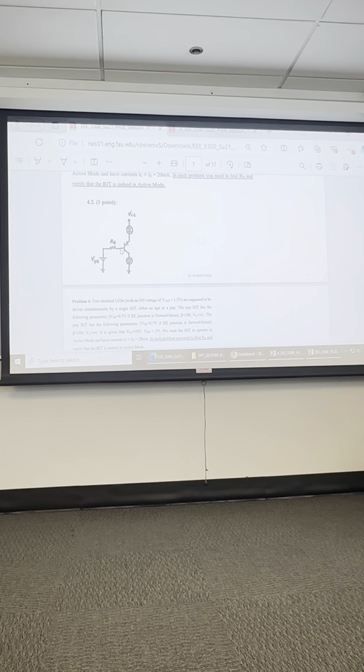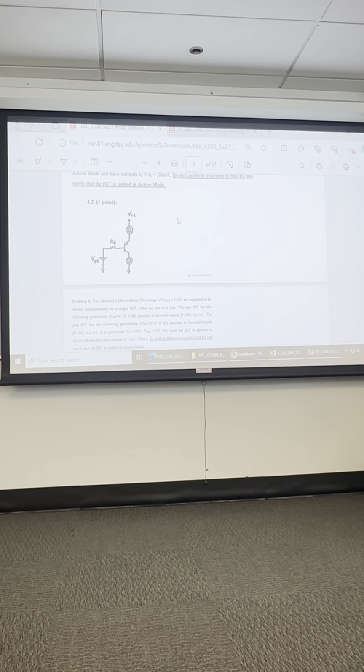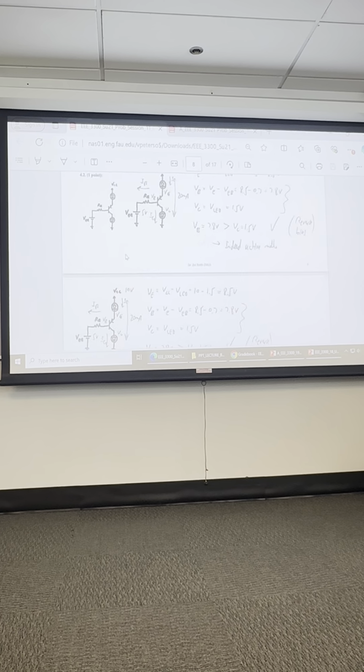Sure. The 8.5 minus 0.7, 7.7. And then the battery is 5 volts. So pretty much you're coming up with the same type of result as you got for the NPN.